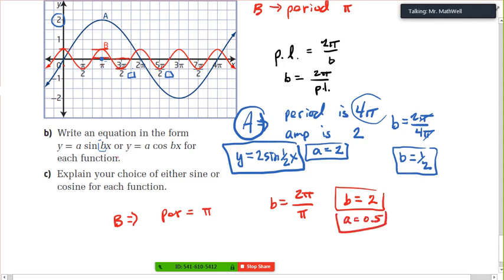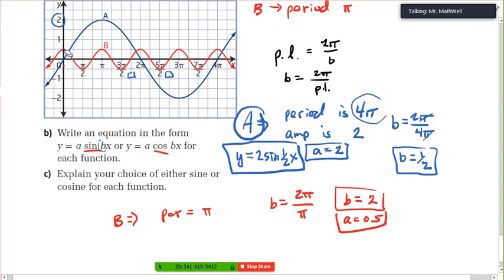Now we have to pick whether we're going to use a sine or cos. To help you decide, you know that y equals sine x starts at 0, 0, and goes up to a maximum, down to a minimum, and then back up. That would be an obvious choice for sine.